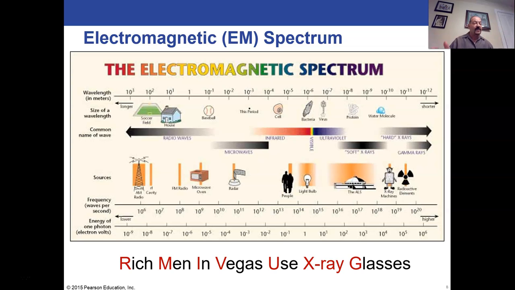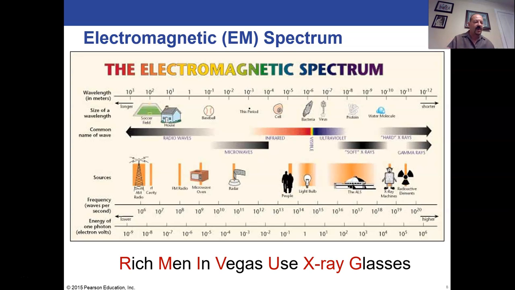If you want to remember the order from lowest energy to highest energy, from lowest frequency to highest frequency, and by the way, it's inverted for wavelength. Wavelength and frequency are inversely proportional. So you'll notice the wavelengths are the biggest for radio waves and the smallest for gamma rays. But if you want to remember this order of radio waves, microwaves, infrared, visible, ultraviolet, X-ray, gamma rays, there are a lot of mnemonics online you can look up.